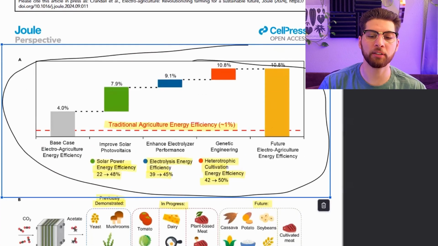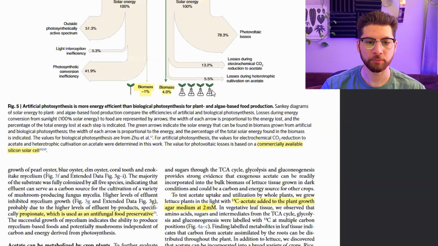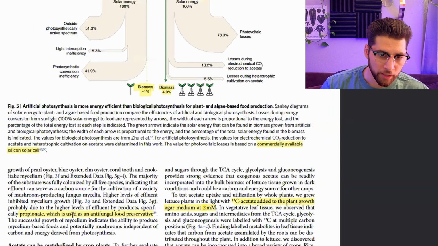And this is, again, sort of summarizing what I've already said, but basically, yeast, algae, and mushrooms, we can grow on acetate pretty well. We have some pieces in progress, and in the future, there are other plants that we may want to grow on acetate as well. And let's see.